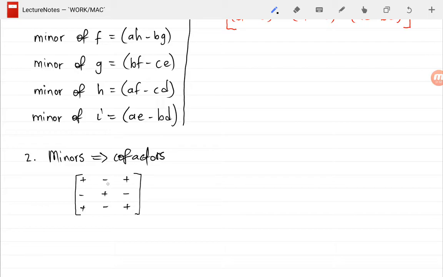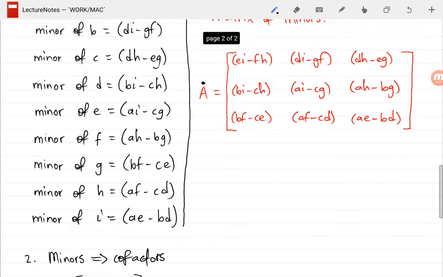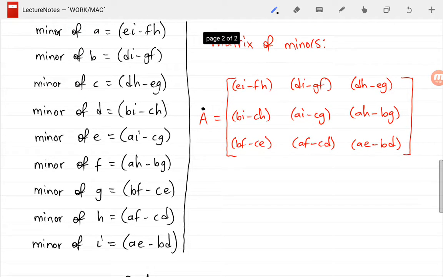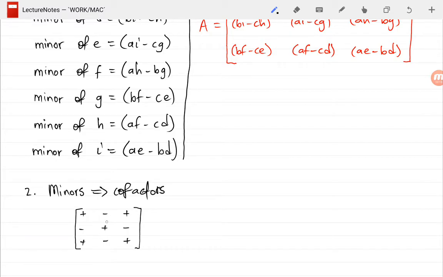So wherever we have a negative here, it means for our minors, we're going to have to multiply in a negative there, and there, and there, and there, and then the rest stay positive according to this pattern.